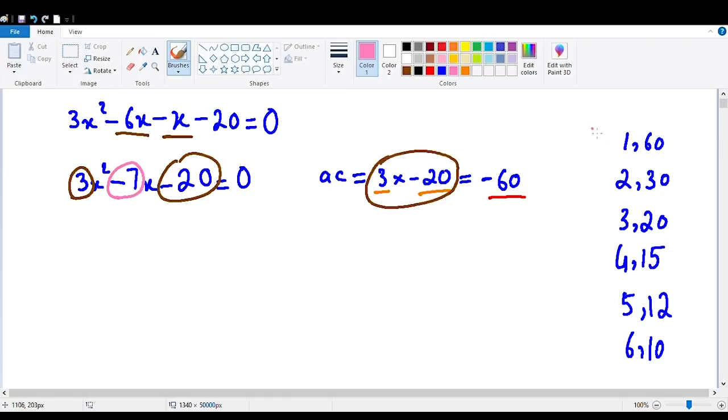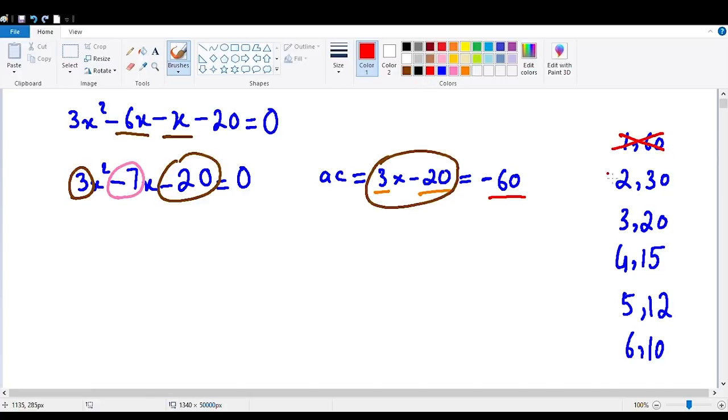So now we're going to look at the pairs. Just for example, say that 1 and 60 is a pair, but we don't know which combination works. It can only be two things. It can either be minus 1 and 60, in that case we'll have 59, or it can be 1 minus 60, in that case we'll have minus 59. But in both cases, we know that's not going to work out.